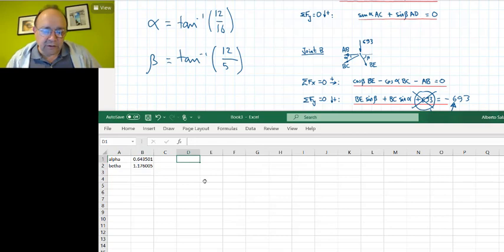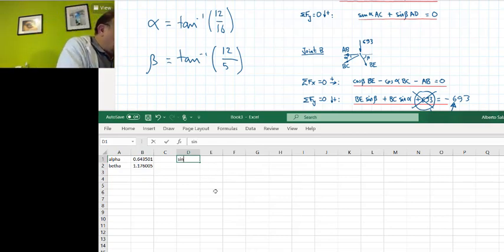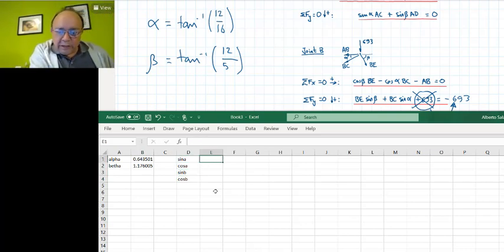And now I'm gonna create some variables for sines and cosines of these two. I'm gonna call them sine A, cosine A, sine B, cosine B. Those are variables that I am creating to contain the sine and cosine of alpha and beta.